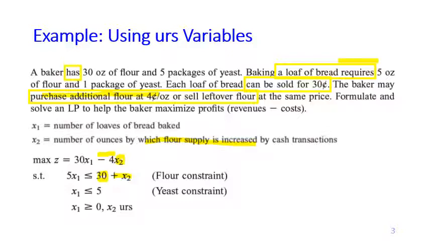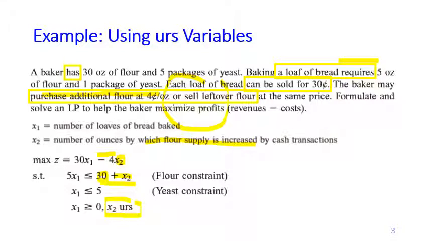So if we buy additional ounces of flour, now the availability of flour that we have equals 30 plus x2, because x2 is the flour that we buy. Now you can notice one thing, that actually you can also sell the flour, right? And it has the same price, 4 cents. So it means that this x2 variable is URS.